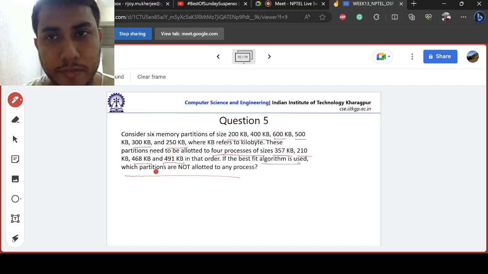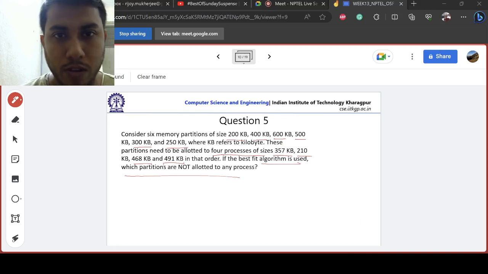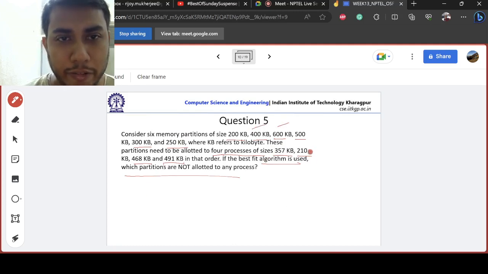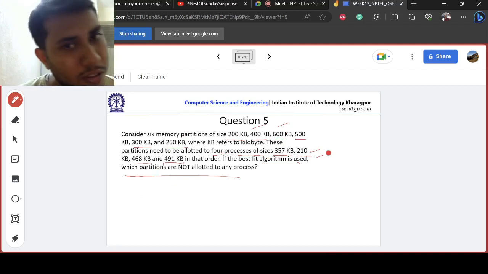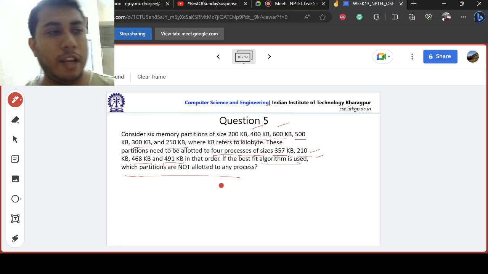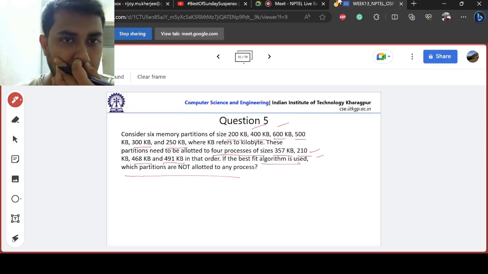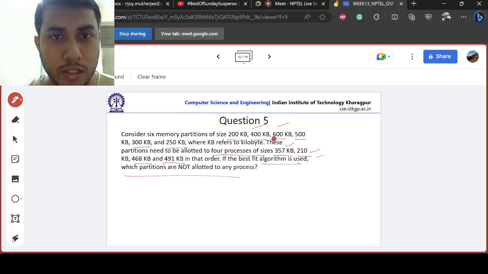So what does this mean? It means that you have been given these partitions and you have to fit in these processes. The question says that we will be using the best fit algorithm, right? Best fit means the one which leaves the least fragmentation after allocation. So for 357, the best possible one will be 400 KB.